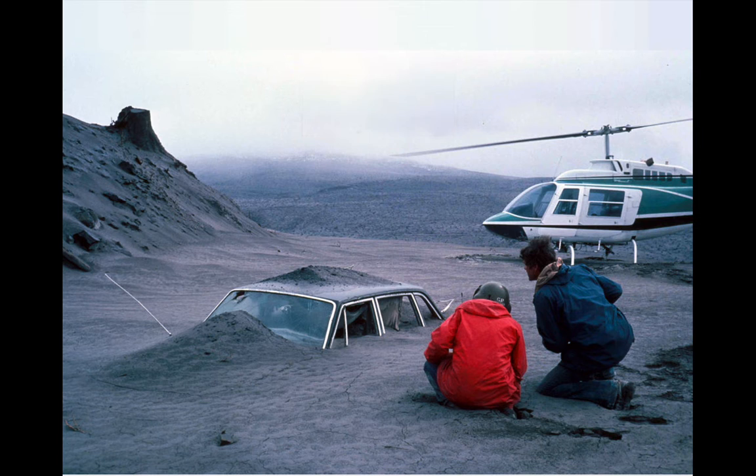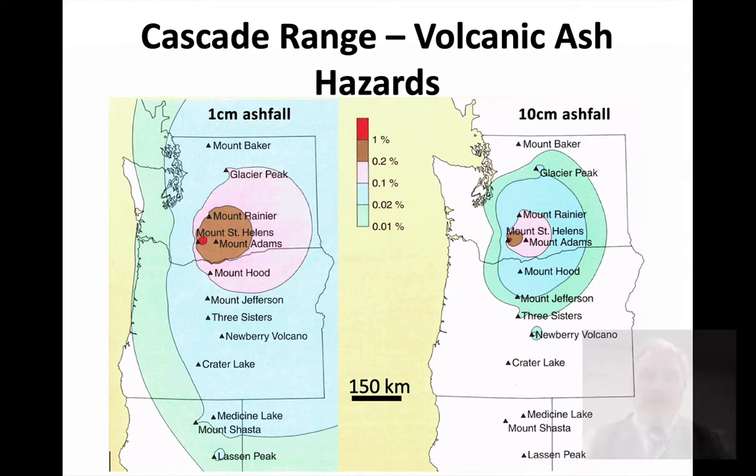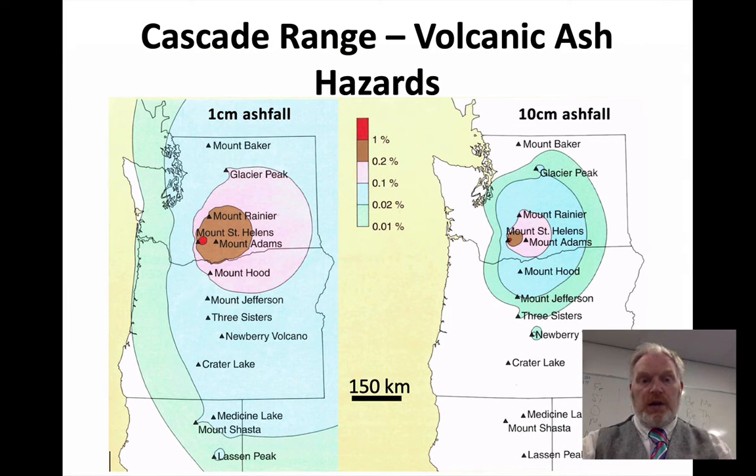Okay, let's go. This is the data that we have to work with. These are hazard maps for the Cascade Range of volcanoes. And it's looking at the probability, or the annual probability, should I say, of volcanic ash deposits of different thicknesses.